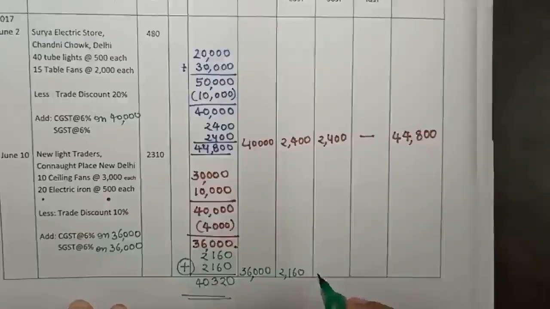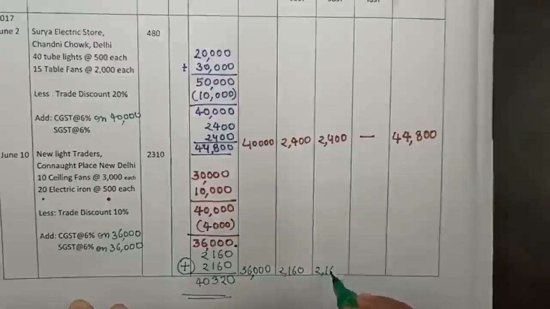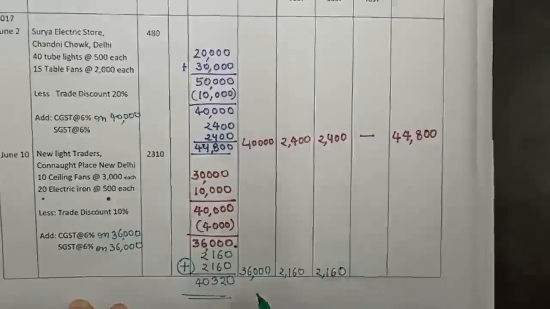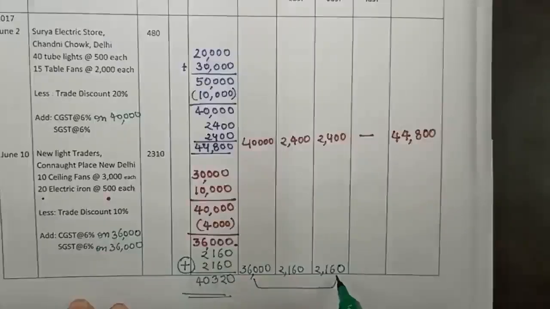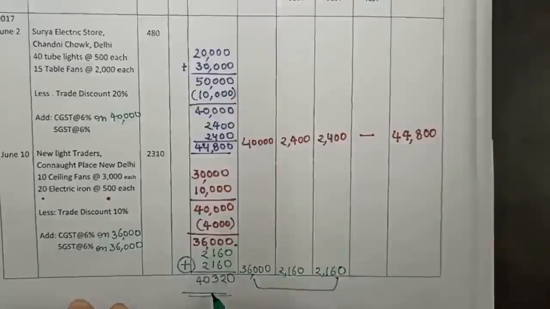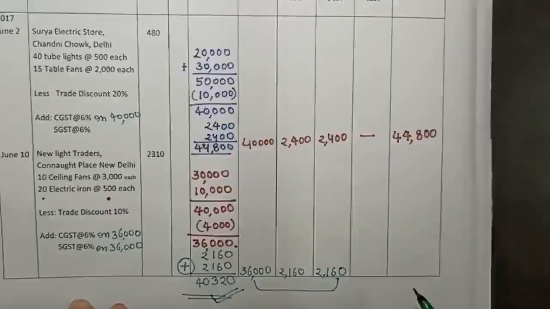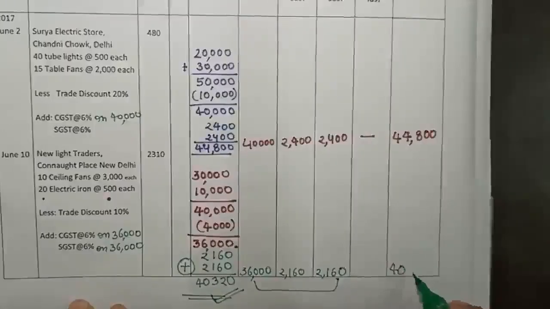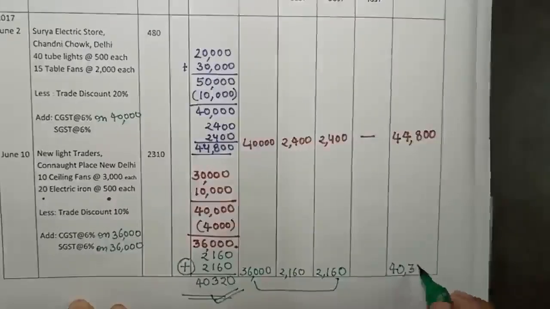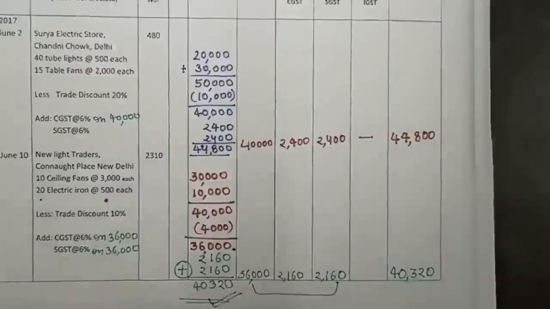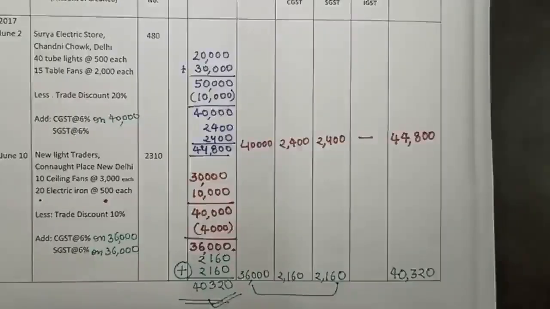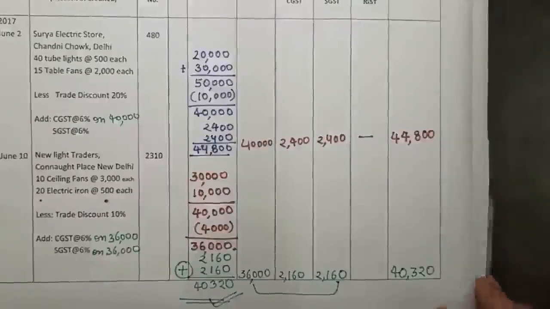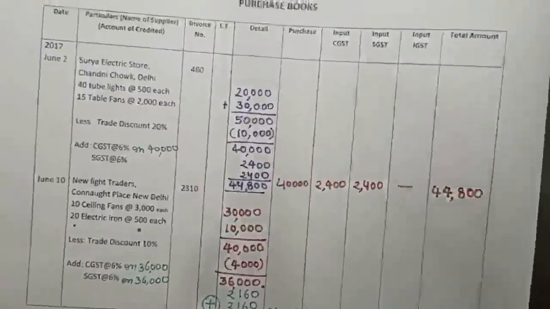Then SGST also 2,160. Now again the total of all these three, that is rupees 40,320, will be mentioned in the total amount column. 40,320. So in this way we have finished the two individual transactions.